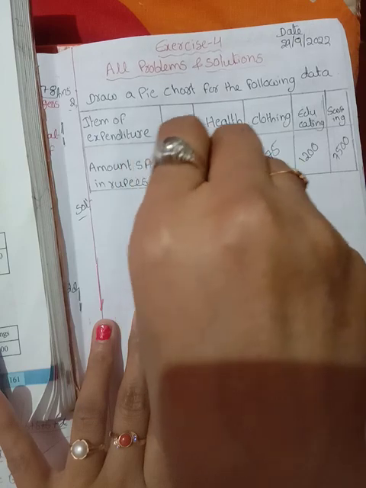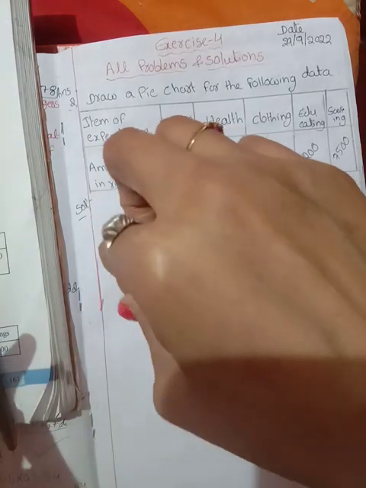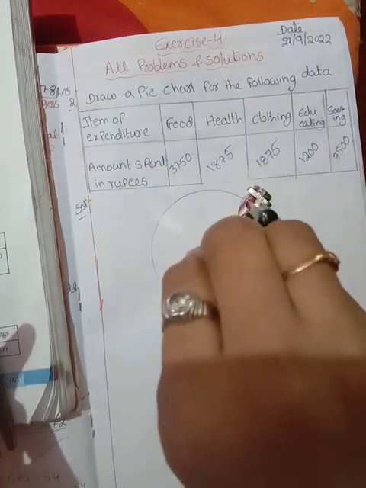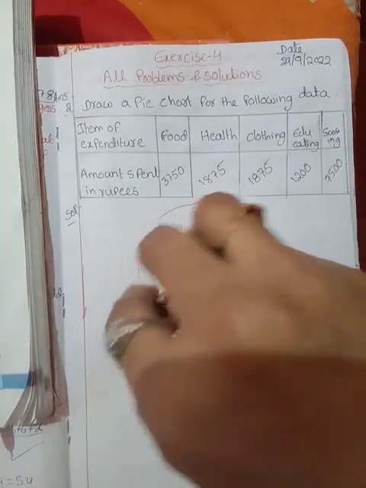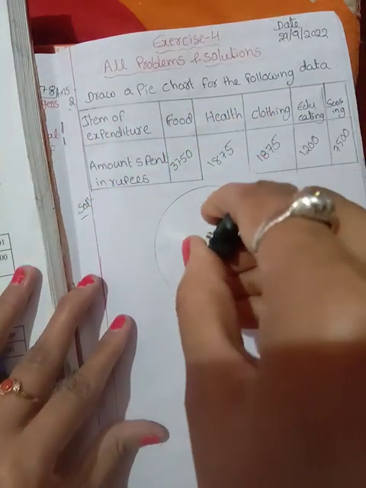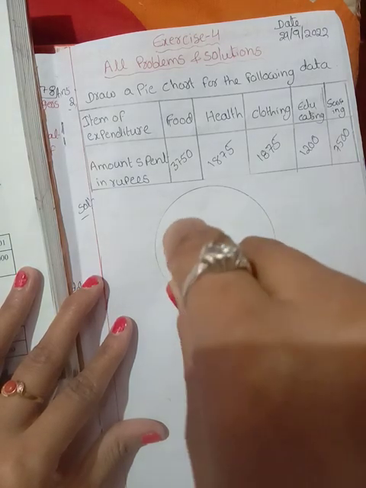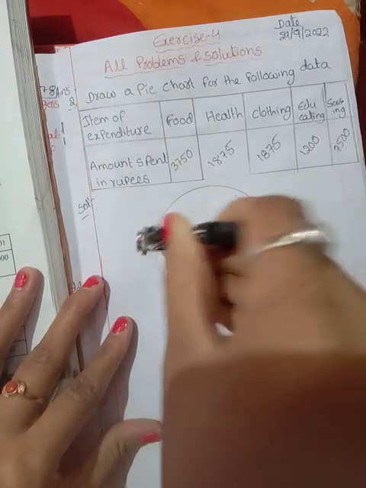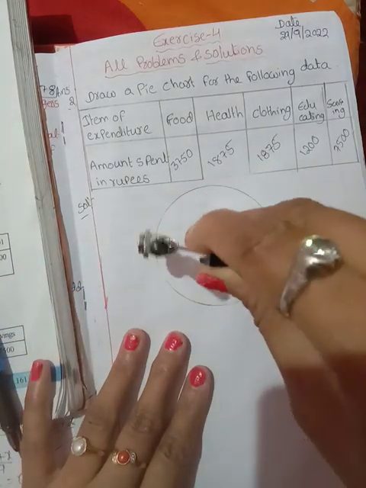Draw a pie chart. First of all, draw the circle with a convenient radius.